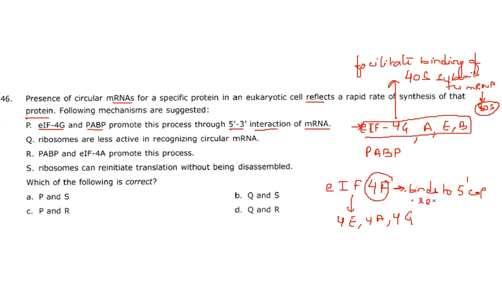EIF4B is not mentioned here, but what does it do? It promotes the ATP dependent RNA helicase activity.